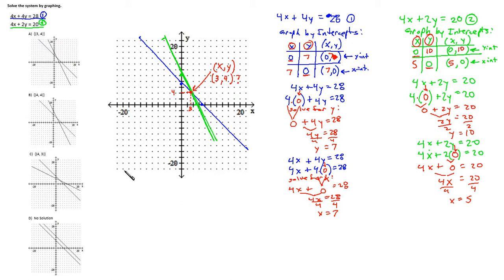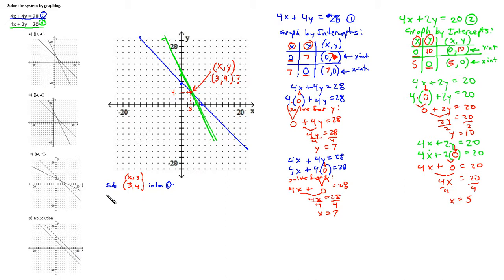So let's substitute. I'm going to be very specific so we see where all the parts are coming from. We're going to substitute 3, 4, which represents an x and a y value, into equation 1 and simplify, to see if we get a true or false.